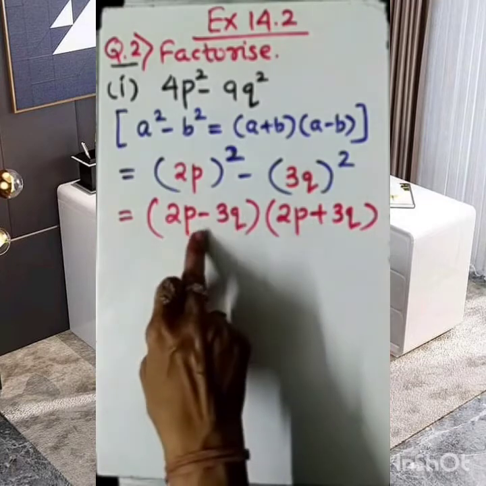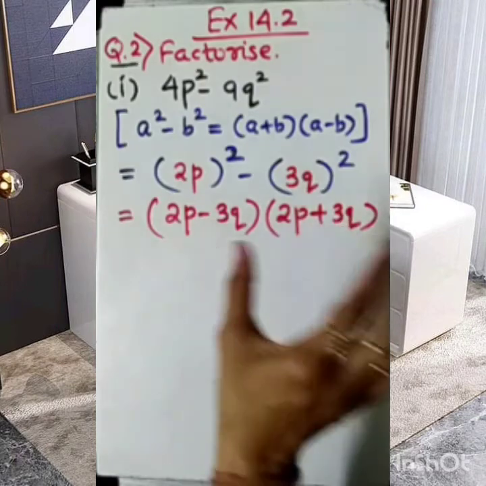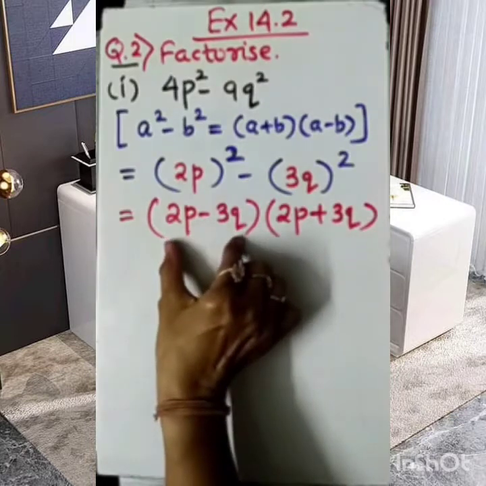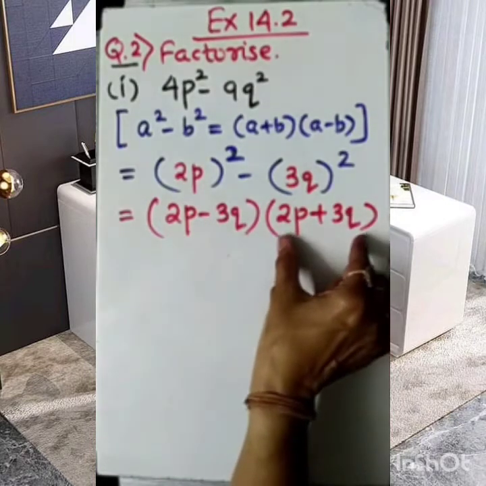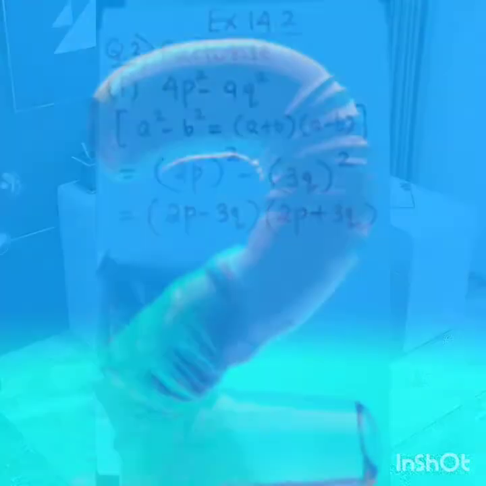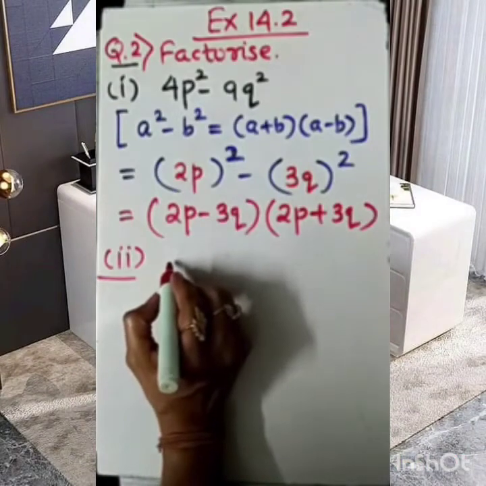You can write plus here and minus here, because for product there isn't any restriction. Commutative property is applicable for that. So simply I should say 2p minus 3q and 2p plus 3q. This is the solution. Let's work out the second and try to understand this identity better.